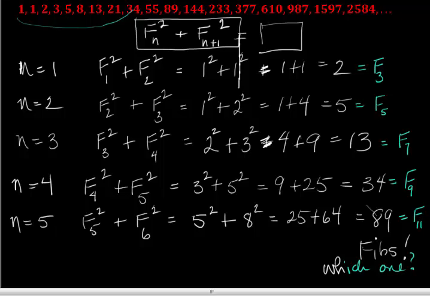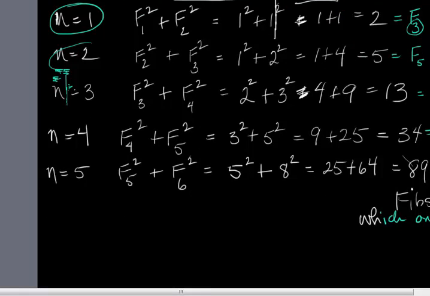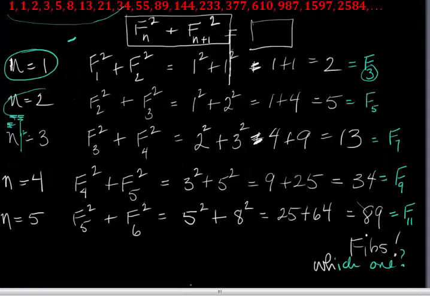But how can we say this in general? Well, go back here and look. When n was 1, we had F3. When n was equal to 2, we got F5.